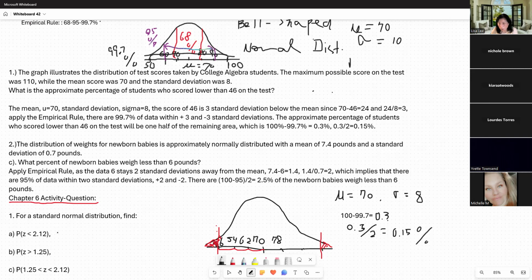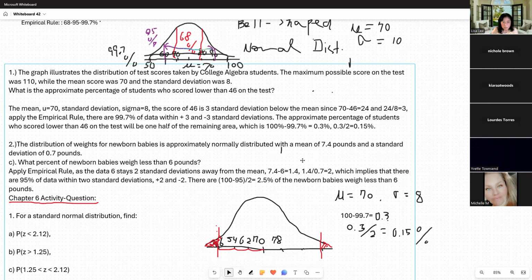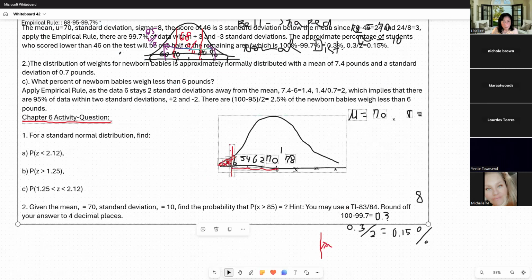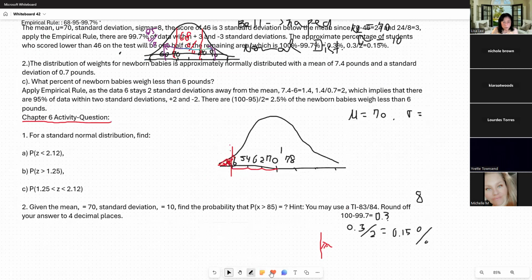So look at that. That will help you to answer the question of the empirical rule. And before you go, I want to show you how you answer the activity question number 1, that you can use the TI-84, okay, or TI-83. Up to here, you still can use the TI-83, no problem. So let's move this one up. Oh, no. I need to put it back and move the screen up. And now I need the room to show something.